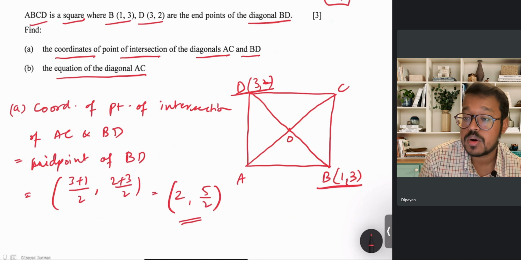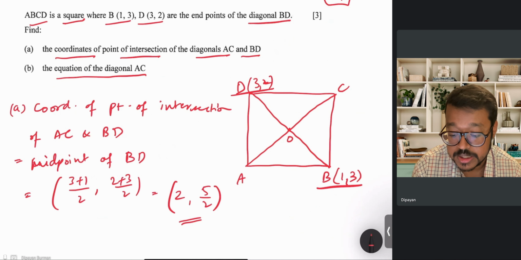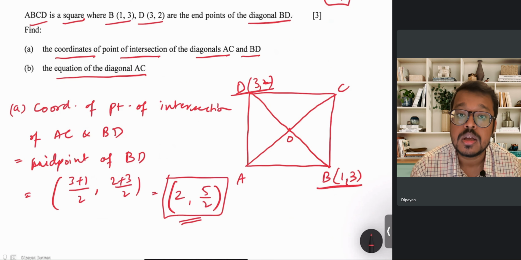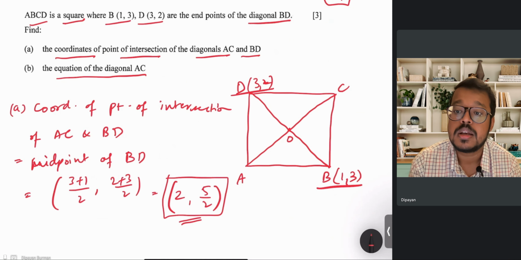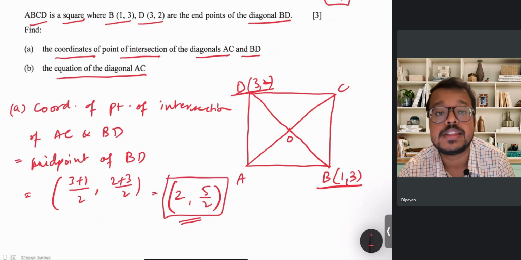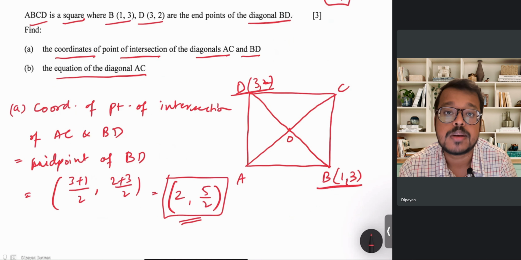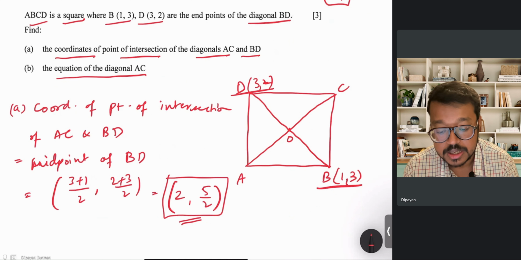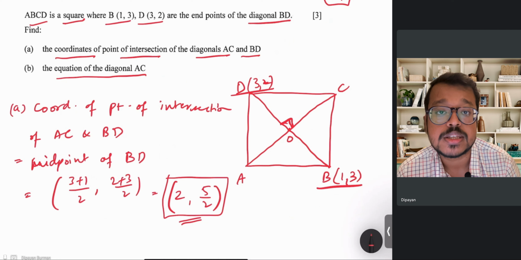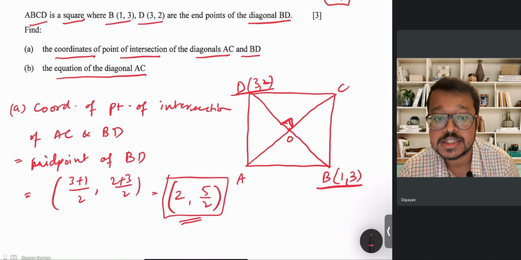So this is the coordinates of the point of intersection. And now if I want to find the equation of diagonal AC, I already know that this point, (2, 5 by 2), lies on diagonal AC, and I want to know the slope of diagonal AC. Like I said, the diagonals of a square are perpendicular also. That means I can use the concept of slopes of perpendicular lines.